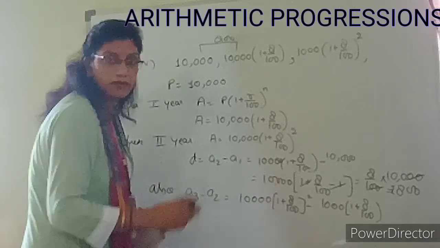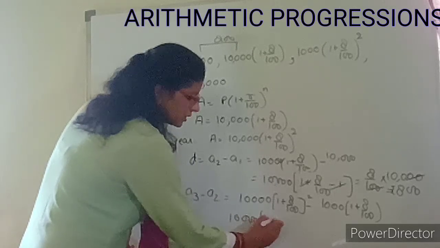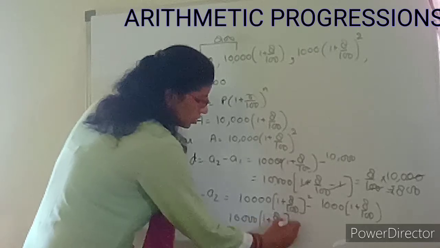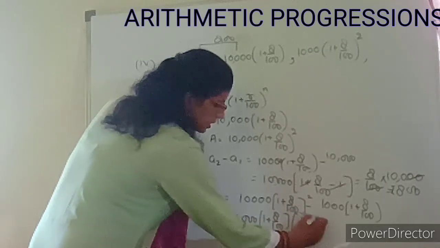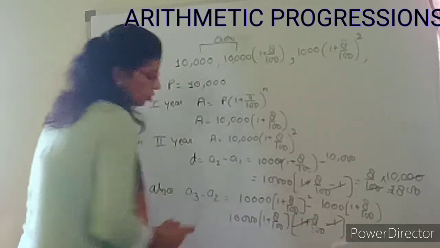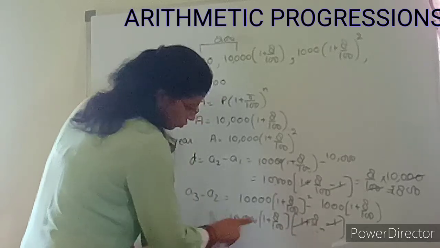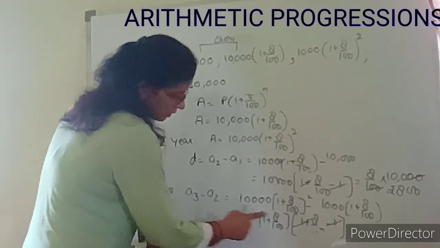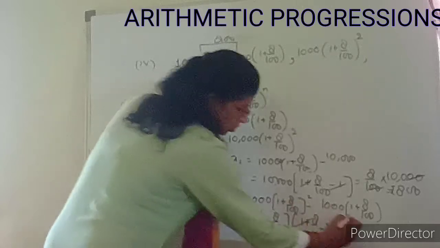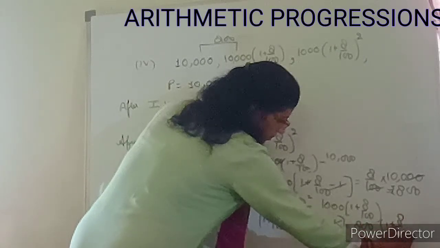What will you take as common? 10,000 is common, 1 plus 8 upon 100 is also common. What is left? 1 plus 8 upon 100 remains here, minus 1 is left. So this becomes 8 upon 100, outside, the zeros cancel out. So this will become 8, and from here 800 into 1 plus 8 upon 100.